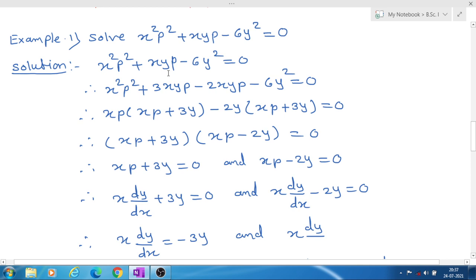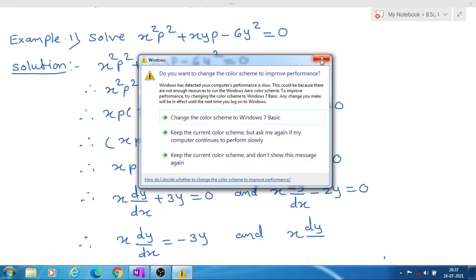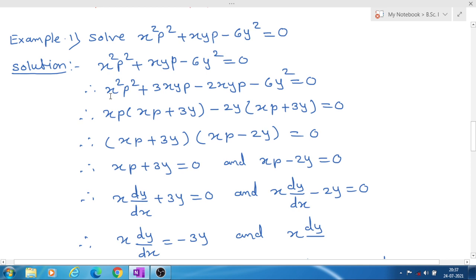So if we express this middle term like this, so this is x square p square plus this xyp, we can write it as 3xyp minus 2xyp, so that 3 minus 2 becomes 1 xyp. So this is 3xyp minus 2xyp minus this 6y square is equal to 0.